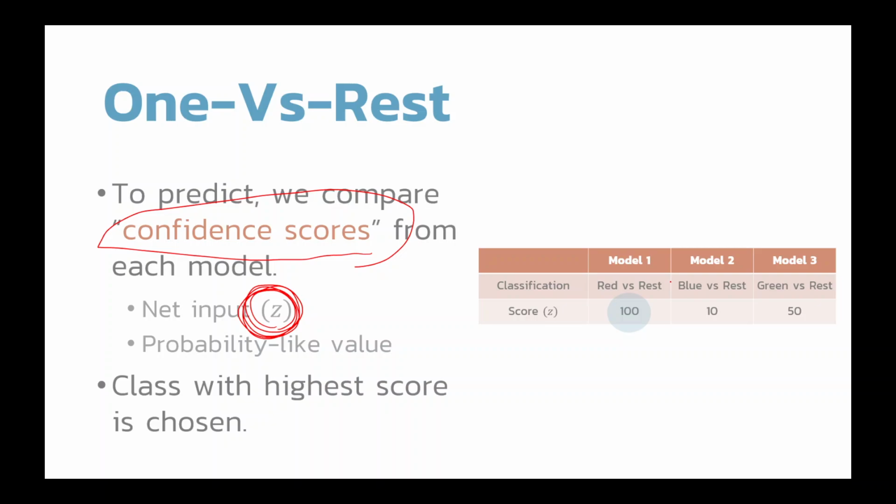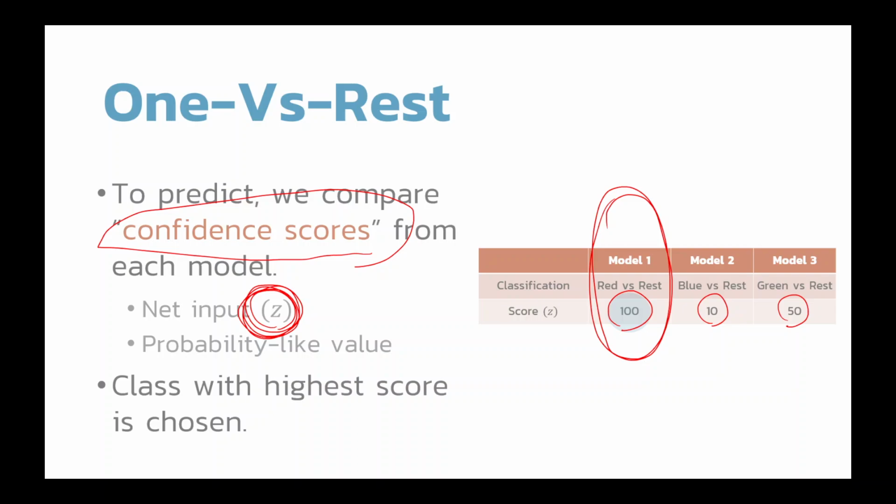So for example, if you have 3 answers, and from model 1 the Z value is 100, the other guy gives me 10, and the other model gives me 50, we are going to trust this answer the most. Because this answer is telling us that your flower or your sample is in the red class.